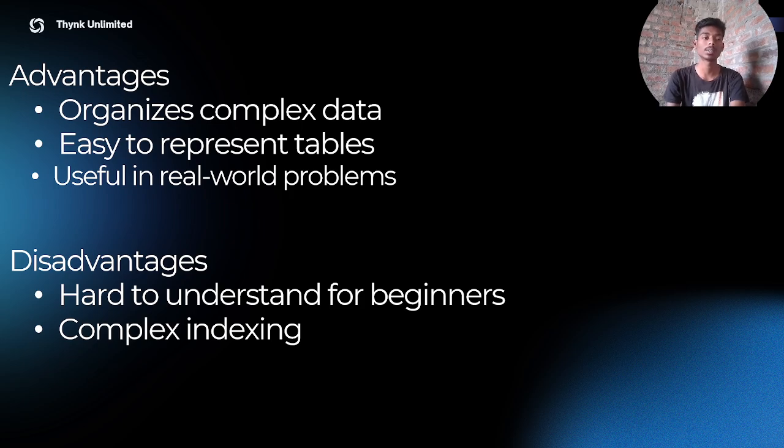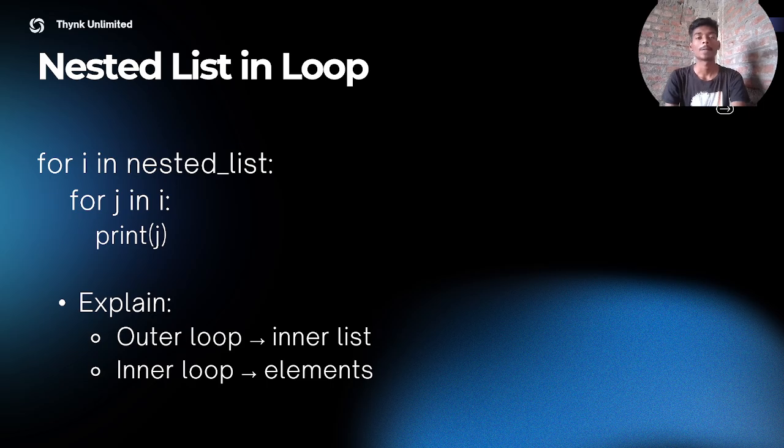Some advantages and disadvantages of nested lists: advantages are that they organize complex data, easily represent tables, and are useful in real world problems. Some disadvantages are that they are hard to understand for beginners and have complex indexing, like double indexing, which we already saw in the example.